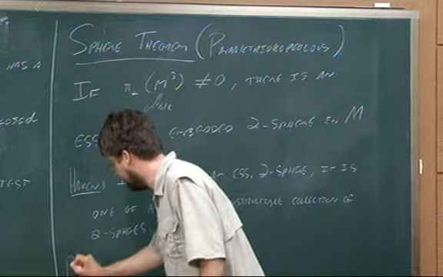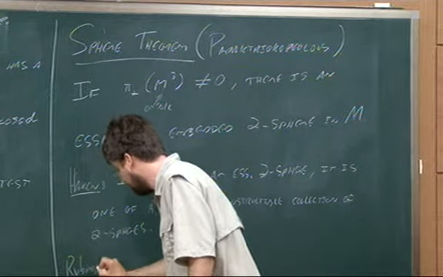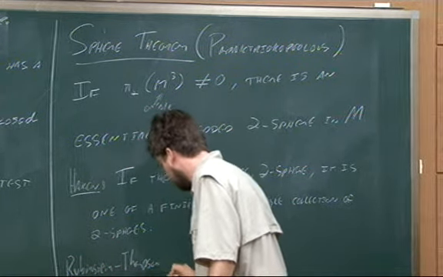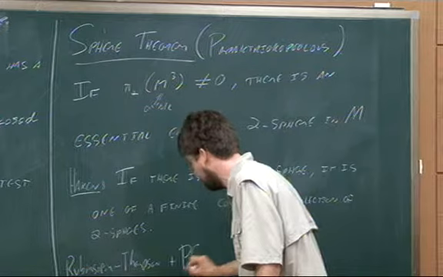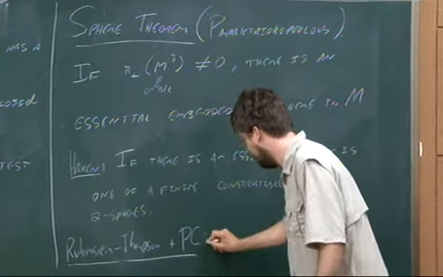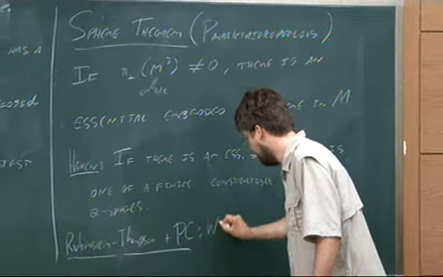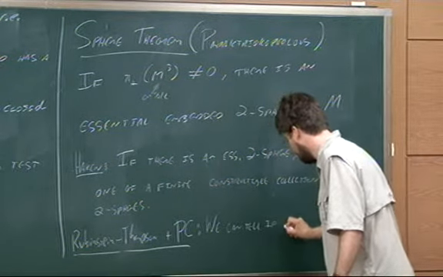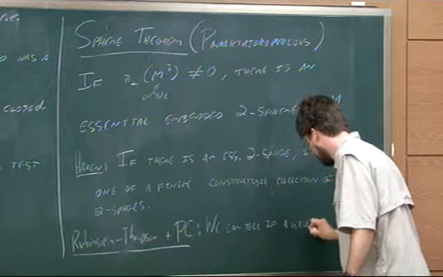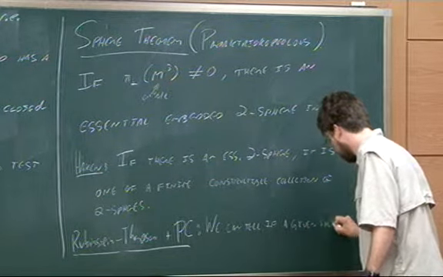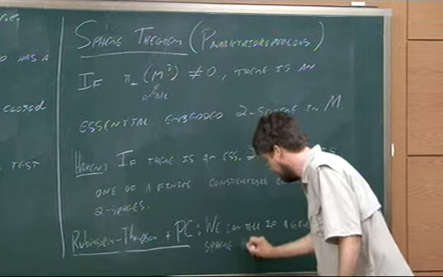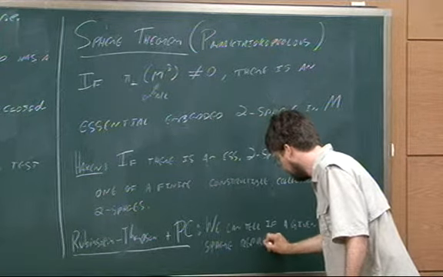And then there's work of Rubinstein and Thompson, plus the Poincare conjecture, which says that we can tell if a given such sphere represents something non-trivial in pi 2.